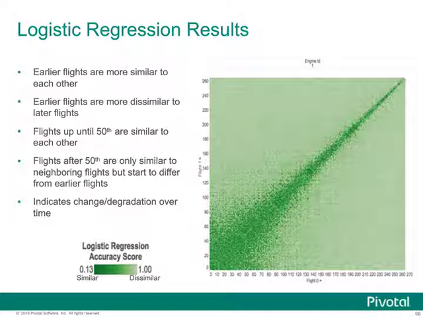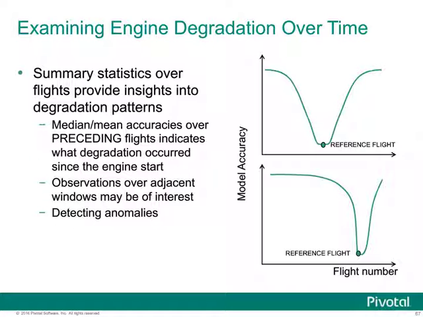Now, while this is quite useful for us to understand at a high level what's going on, we'd like to understand how we would observe significant changes in degradation or even something like a fault. One attempt that we had for going after this is to look at the model accuracy that we observed over time. Here on the y-axis, again, we have model accuracy, and on the x-axis, we have the reference flight as compared to all other flights.